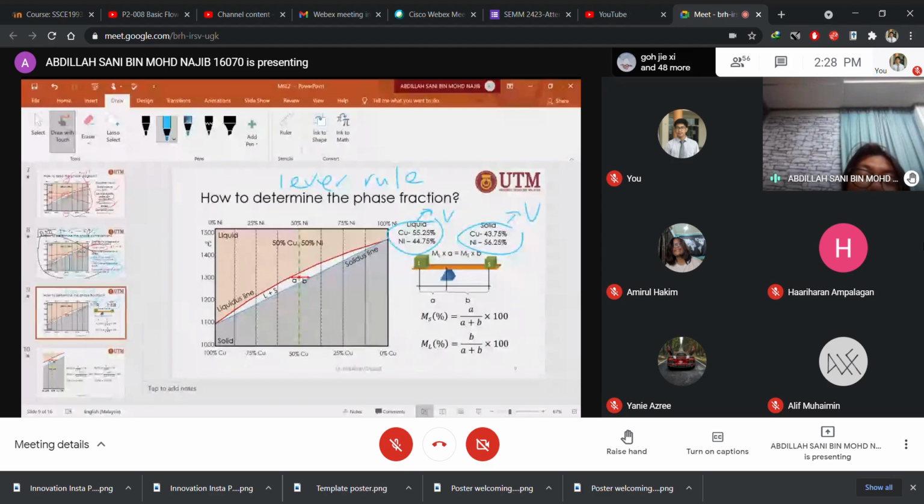We label it as A, and the other part as B, so the total length is A plus B.